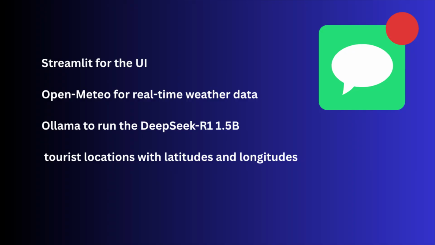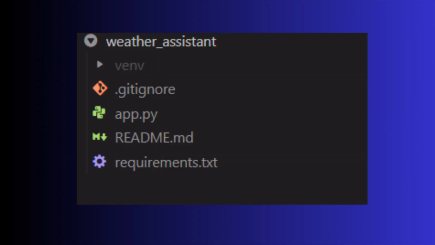This project uses Streamlit for the UI, Open-Meteo for real-time weather data, and Ollama to run the DeepSeek R1 1.5b model locally. And also I use a set of famous US tourist locations with latitudes and longitudes. Create a file called app.py for writing the code.